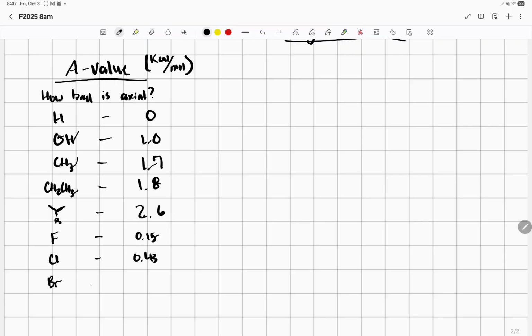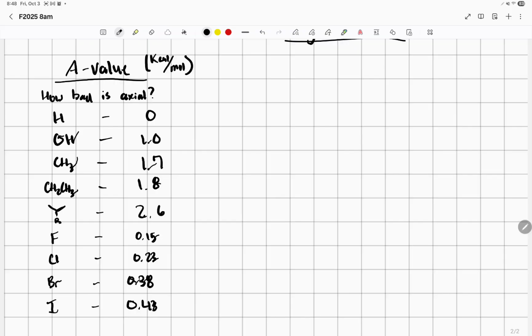A bromine will require, actually I believe that should be 0.23, my bad. A bromine is going to be 0.38. Sorry, I have no idea why my pen is smearing so bad right now. And then an iodine is going to be, that's the 0.43.